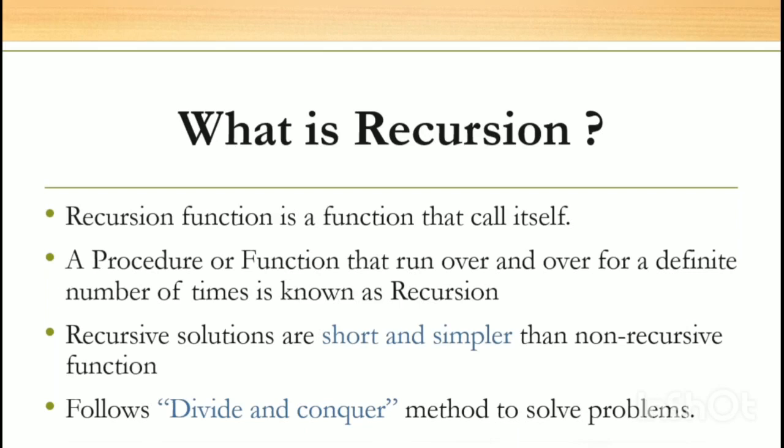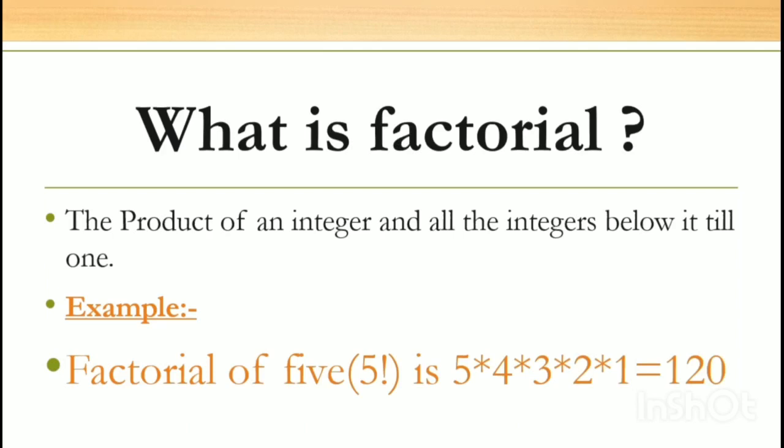Now let us know what factorial is. Factorial is nothing but the product of an integer and all the integers below it till 1. Here we have taken an example.